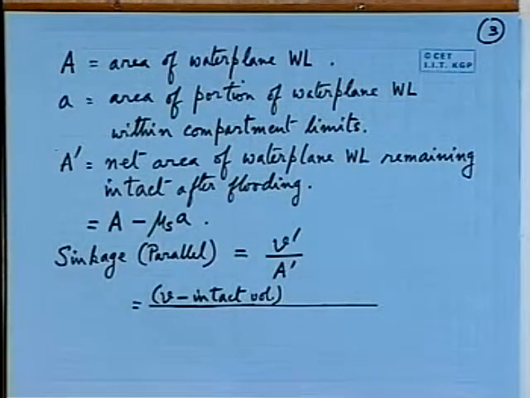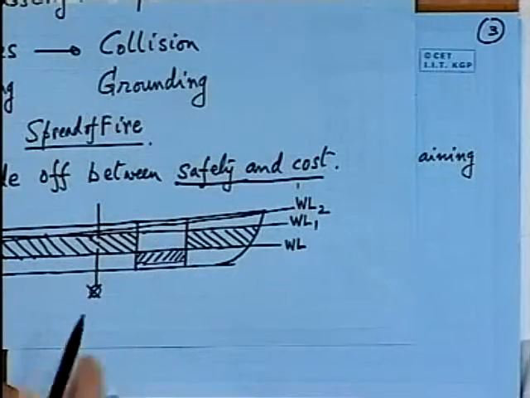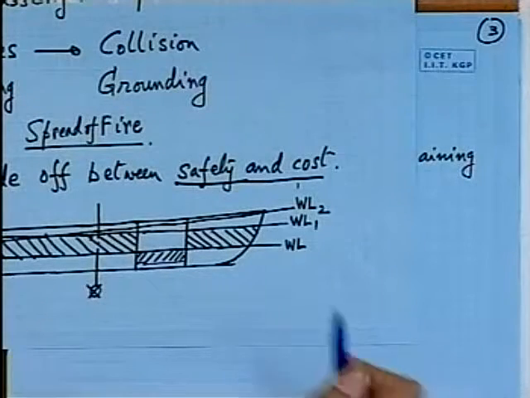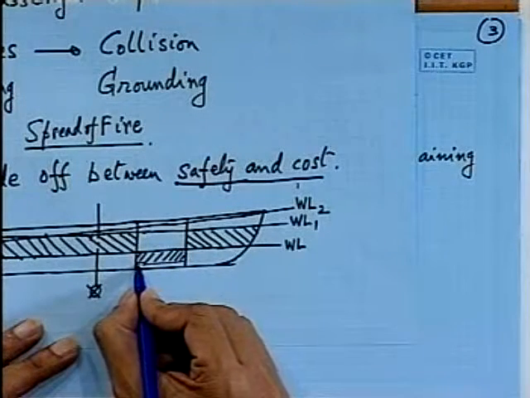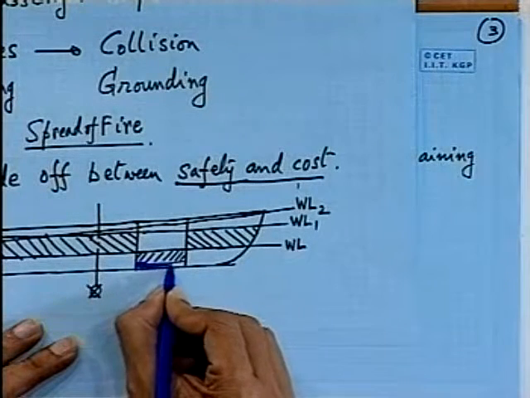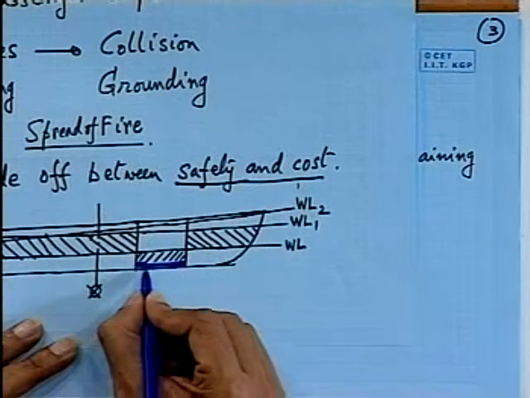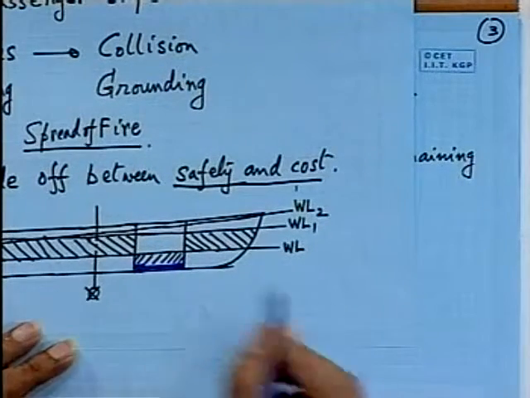Now you can look into this diagram. For simplicity, I have just drawn say a tank top, and this volume has not been flooded. Say in blue, this much volume is the intact volume within this compartment.